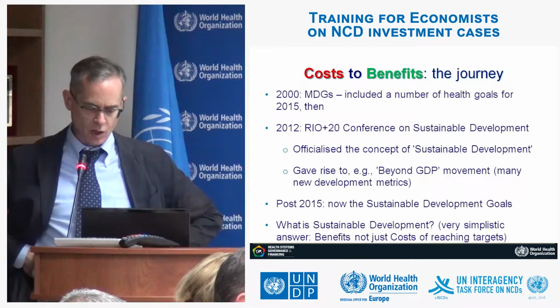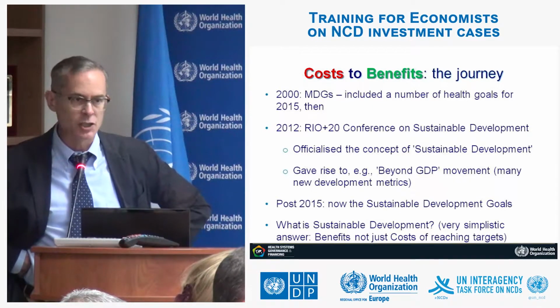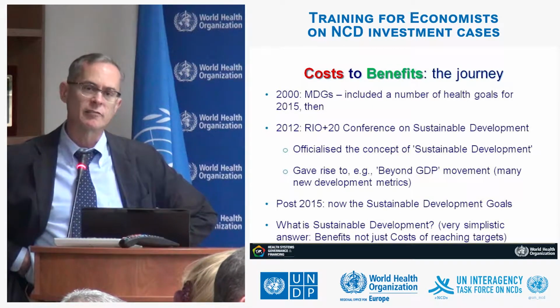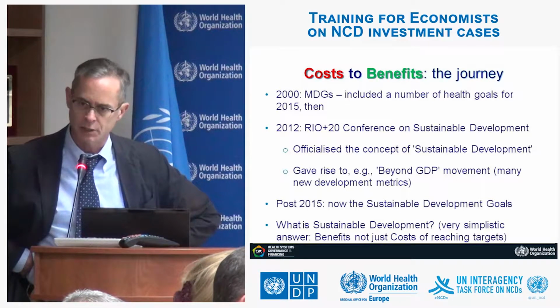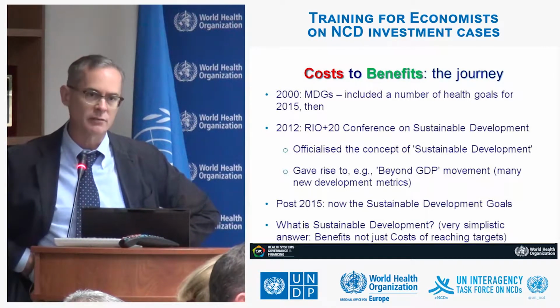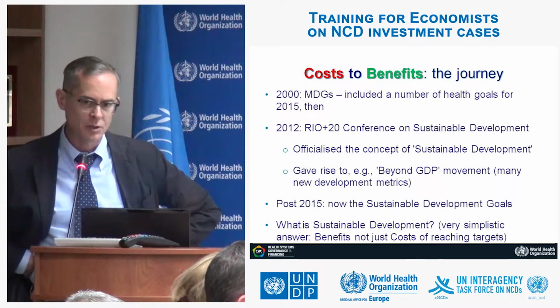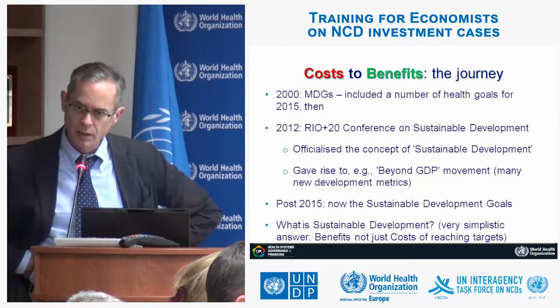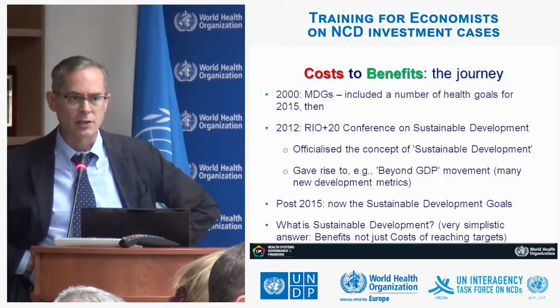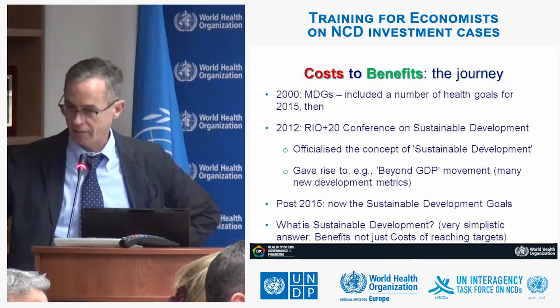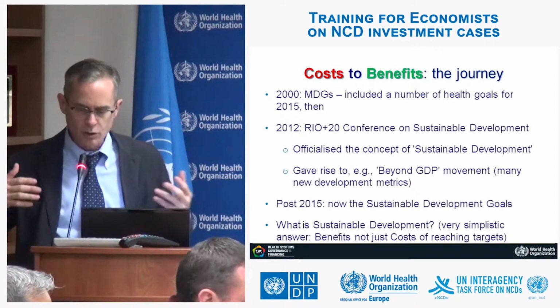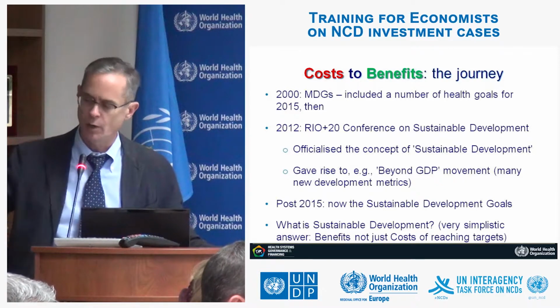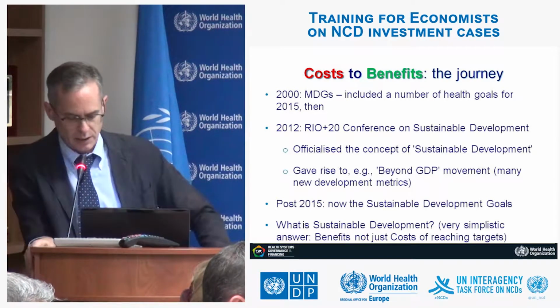People start to talk about moving beyond GDP, other ways of measuring social progress and national progress, other kinds of dashboard approaches to development that aren't looking at just GDP, which is a benefit, right? But also looking at benefits in a new way that go beyond GDP.